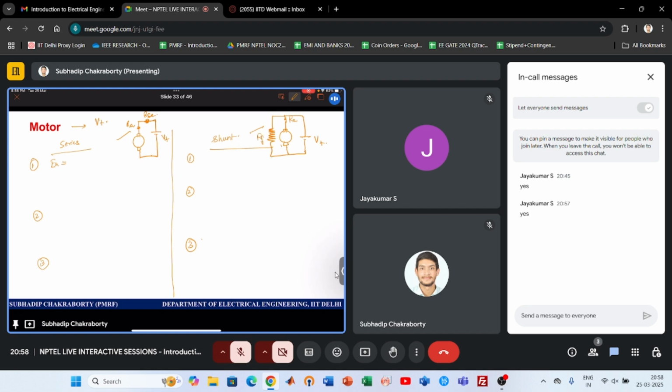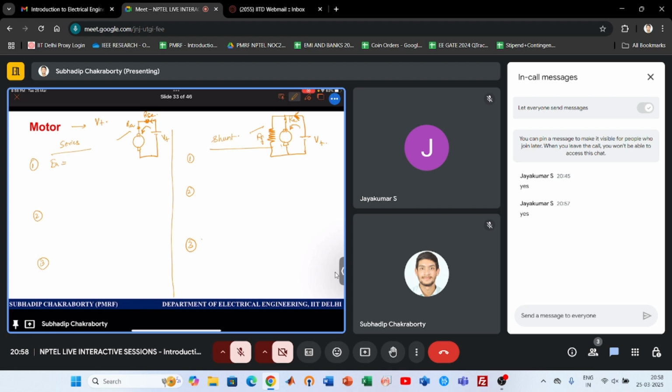But one more thing is that a motor takes the current, unlike the generator which delivers the current. Always the line has current flowing from source to the motor terminal. So current is like this.